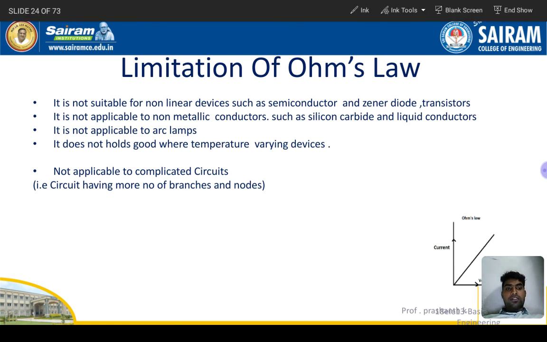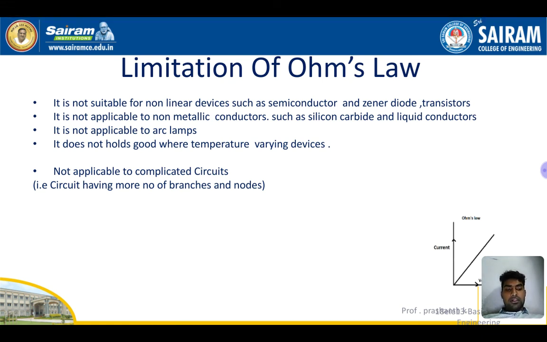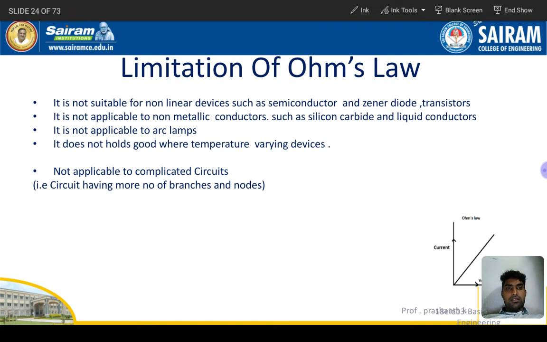And next, there is a limitation of Ohm's law. Ohm's law is not applicable to nonlinear devices such as diodes, semiconductors, and transistors. Why? In the motherboard of a laptop, we can see there is heat sink material. Why do they keep heat sink material?